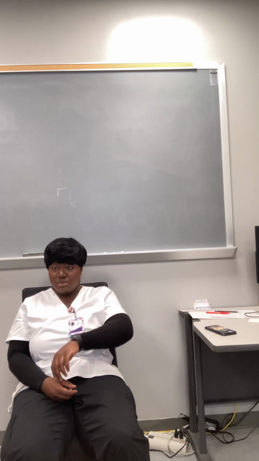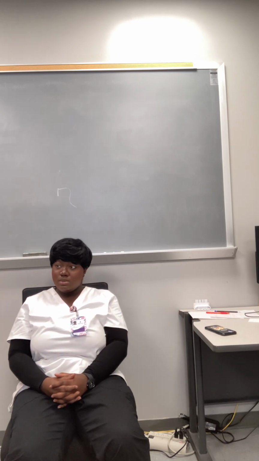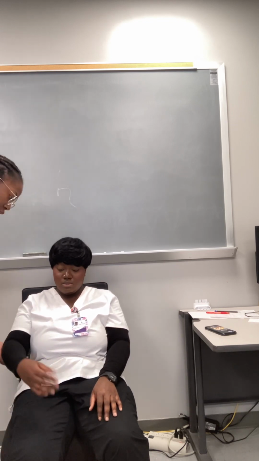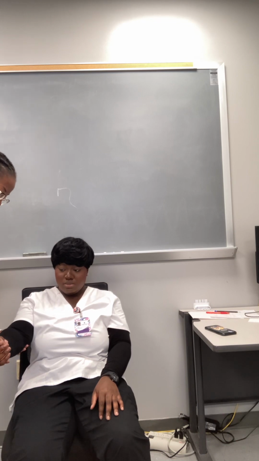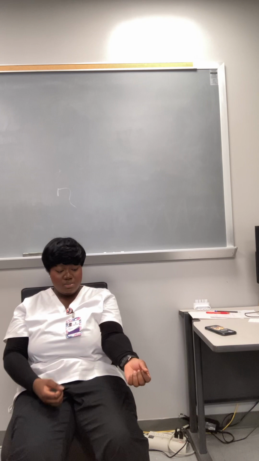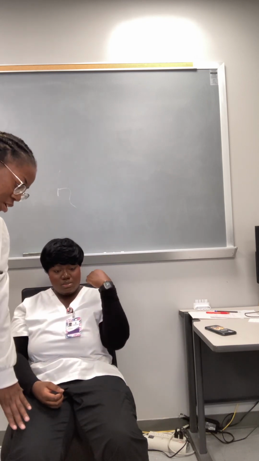All right, now I'm going to check your range of motion, and I'm going to check 2 up top and 2 at the bottom. So what I want to do is do your elbow. So this is extension, flexion, and we're going to do the other side, extension, flexion. Then we're going to do your knees.